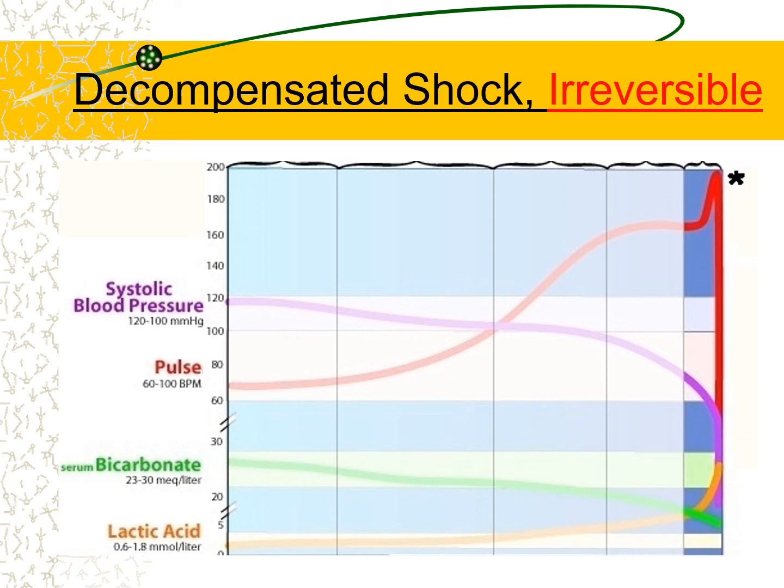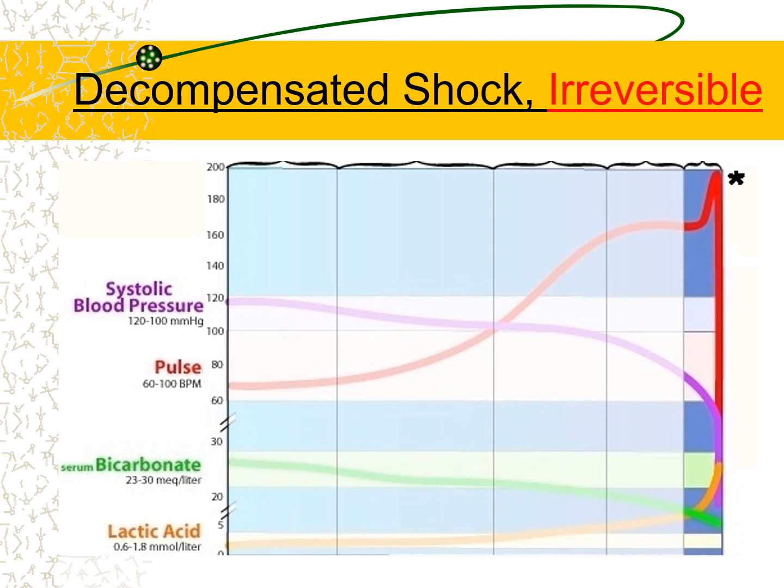And we see in this picture, the systolic blood pressure takes a dramatic dive. It plummets, the purple line. We see the heart rate increasing, and then in a last-ditch effort from the ischemic midbrain, there's an enormous discharge of endogenous catecholamines or stress hormones.